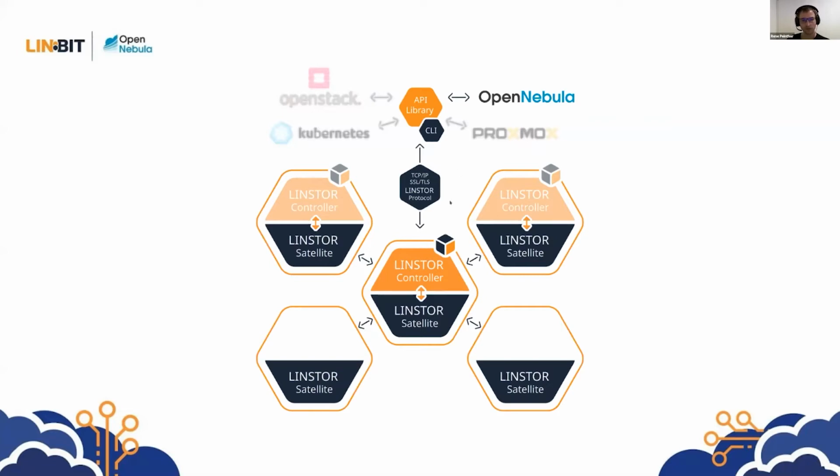And with the controller, you talk by the REST API, and this can be any connector we have. Now, as this is featured, OpenNebula talks to the LINSTOR controller basically directly over a Python API, which translates to REST API calls. Yeah, and all the other connectors.